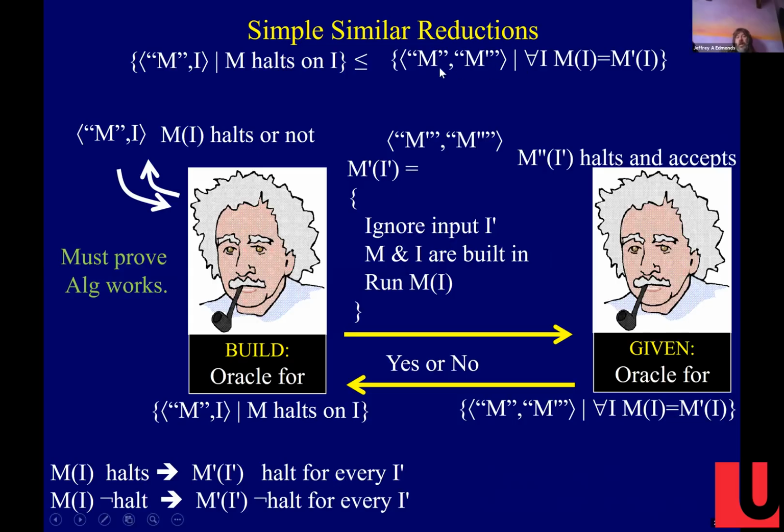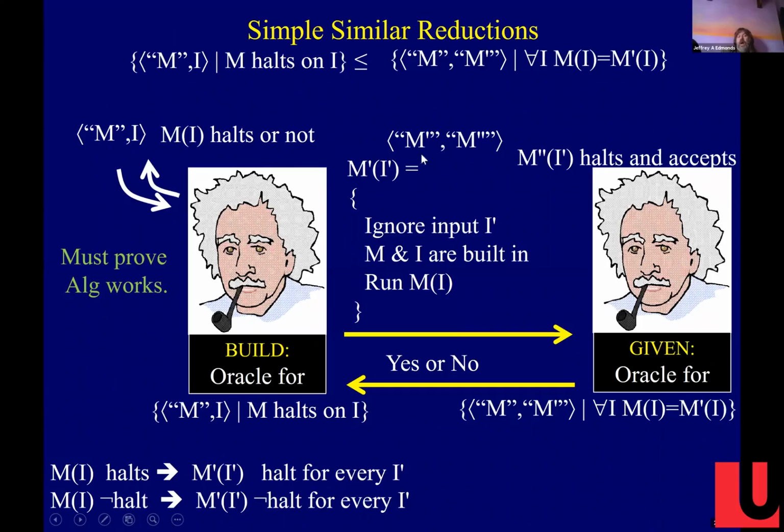So here's another one. The input to the oracle now is the description of 2 Turing machines, and I want to know, do they give the same answer or not? So what am I going to give it? I'm going to give it 2 Turing machines, M prime and M double prime, and I need to tell the oracle the algorithm for both of them.